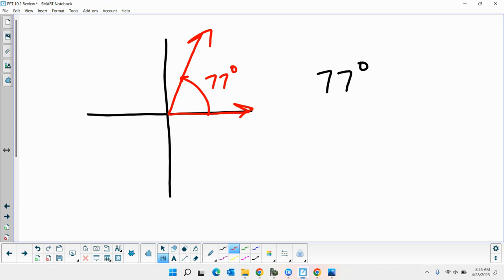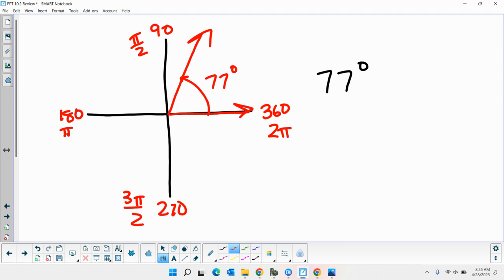So that's in standard form. Right? How many degrees is to this line? 90. This one, 180, which is the same as pi radians. This one, 270. This one, 360, which is 2 pi. This is actually pi over 2. This one's 3 pi over 2 in radians.